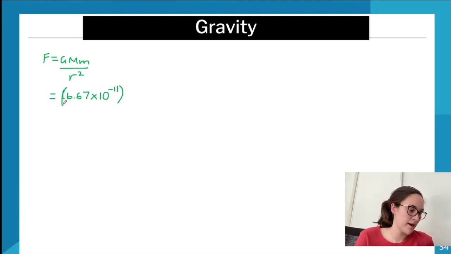Multiplied by that first mass, which is going to be 1.496 by 10 to the 8.